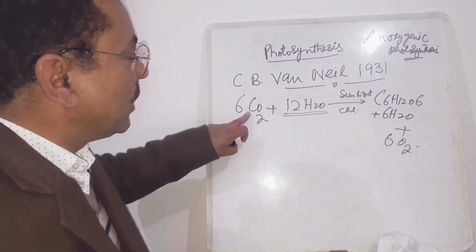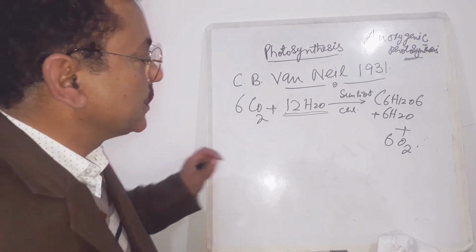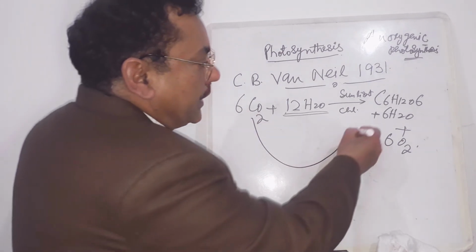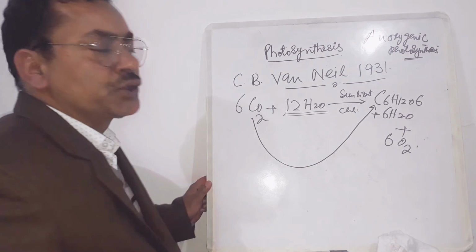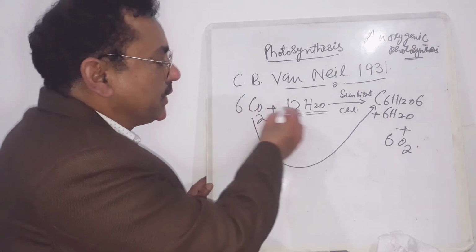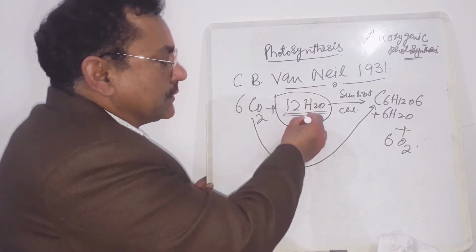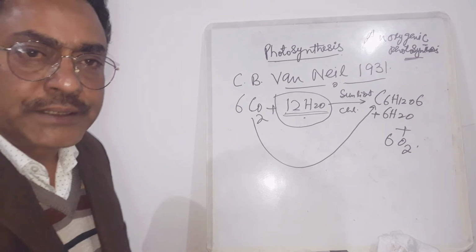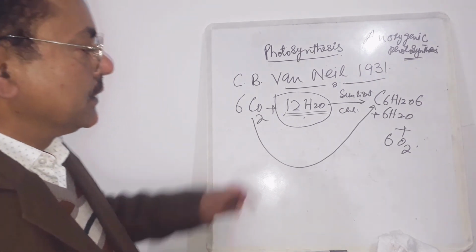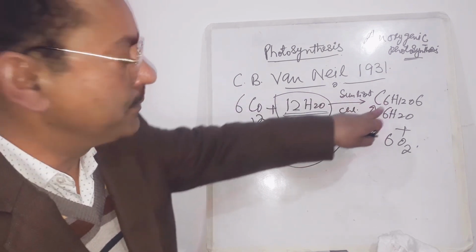Basically this carbon dioxide is to be reduced so that it can manufacture C6H12O6, and for that purpose it needs to be reduced by water. Water provides the necessary protons and electrons for reducing carbon dioxide so that sugar will be manufactured.